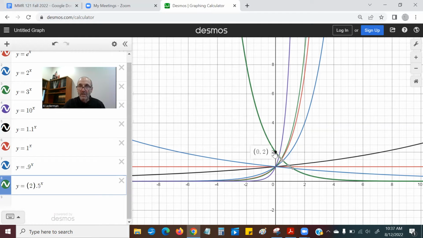Notice that this one green graph is going to intersect at (0, 2), because of the 2. When x equals 0, y equals 2 times 1. So the a number is going to wind up being the y-intercept. And that again makes a lot of sense.